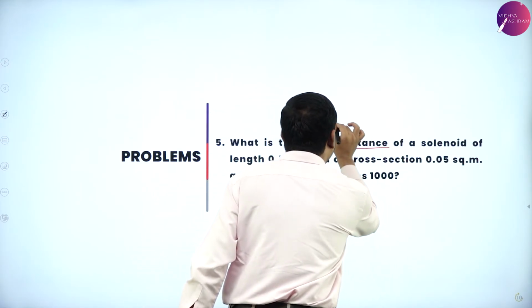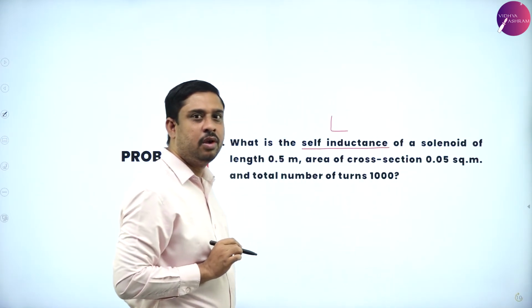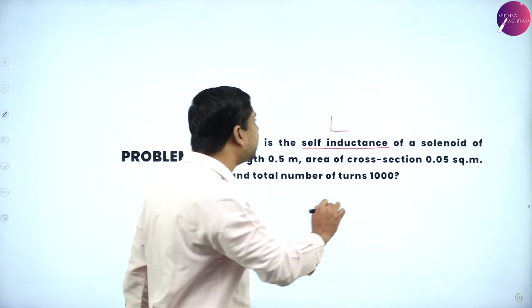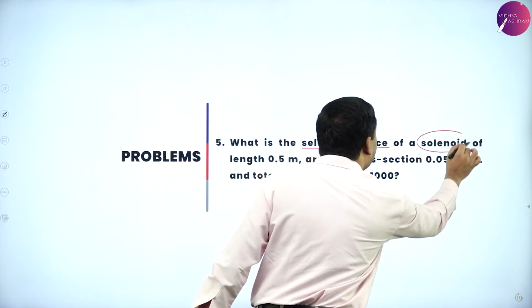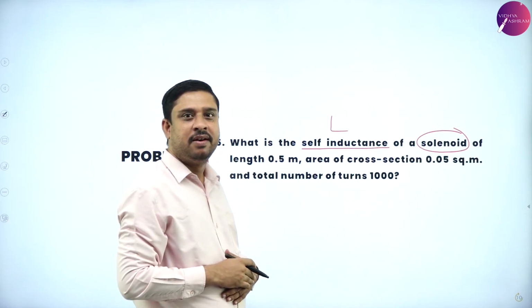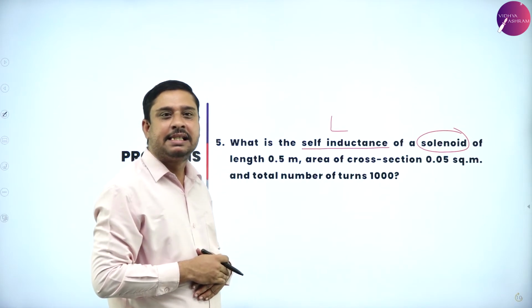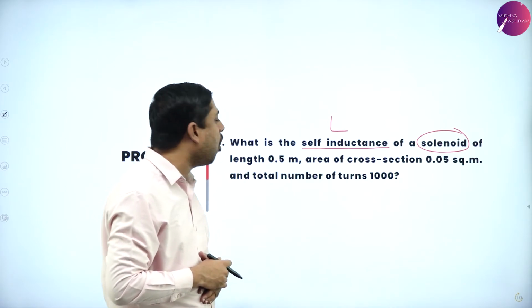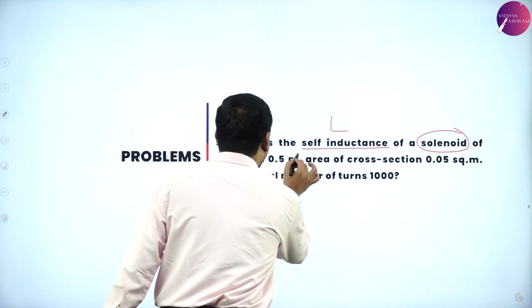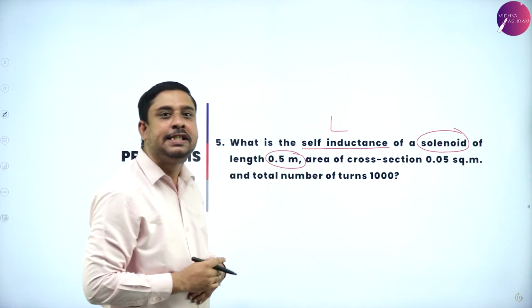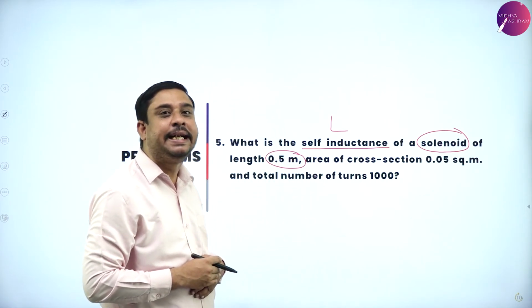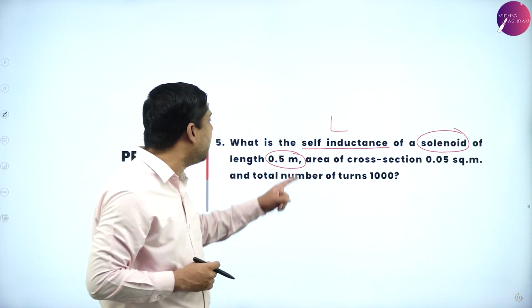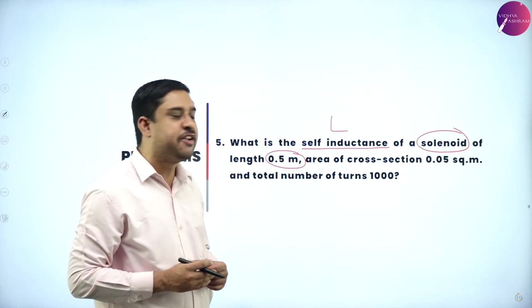You have to calculate L. What is the self-inductance of a solenoid? Very important data. Self-inductance of a solenoid of length 0.5 meters. Length of the solenoid is given, which is 0.5 meter.